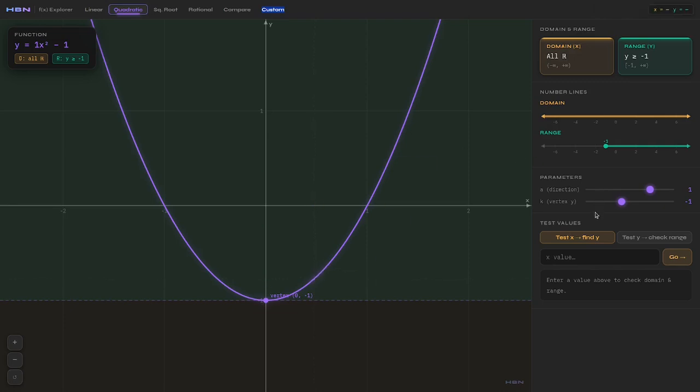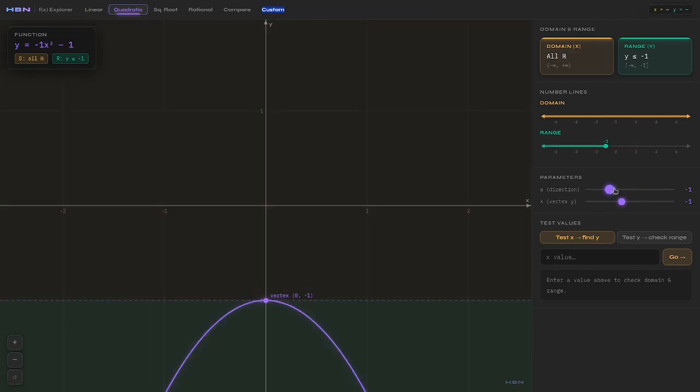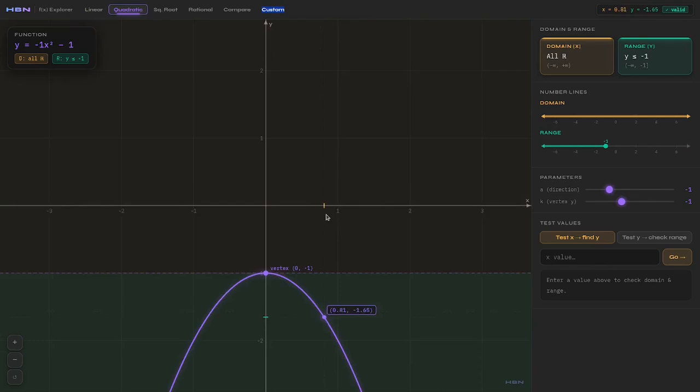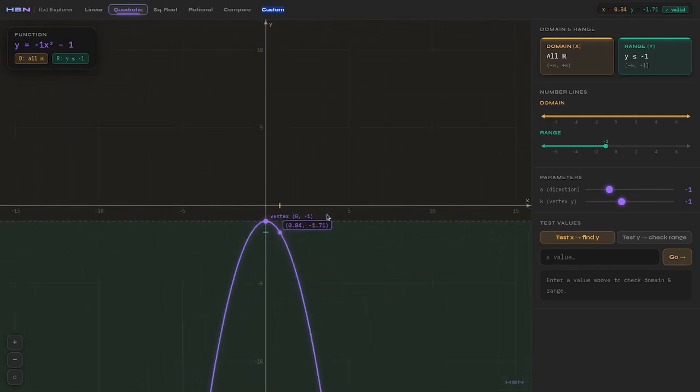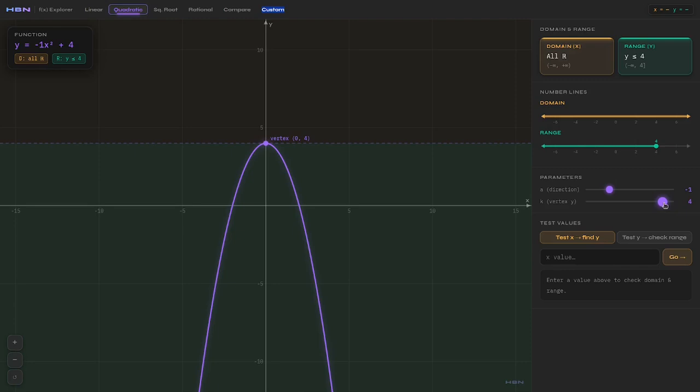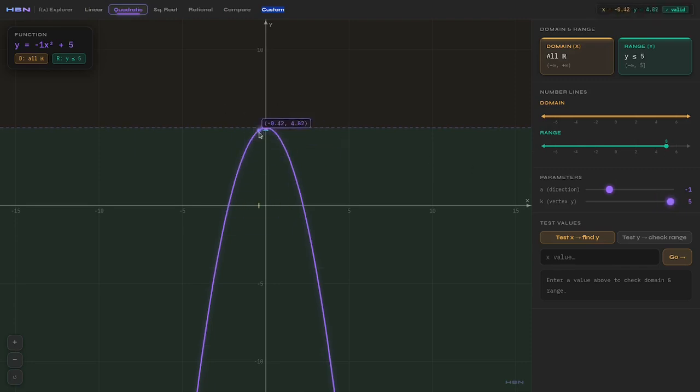But let's talk of one that will actually go downwards. For this function, that is negative 1x squared minus 1, I can change it and bring it up a little. This one has a maximum value of y. Any other value of y that goes upwards is not defined.